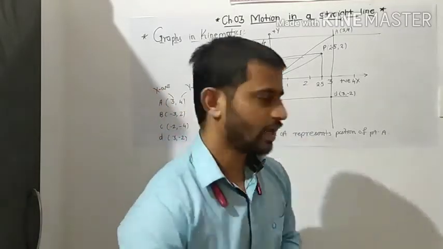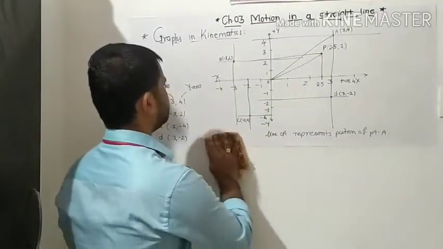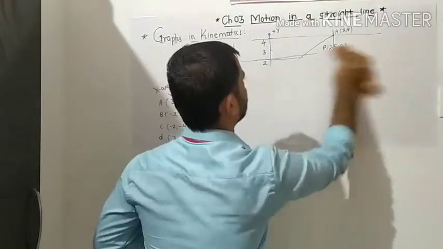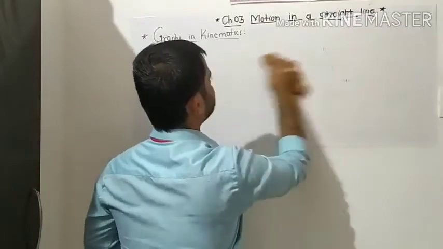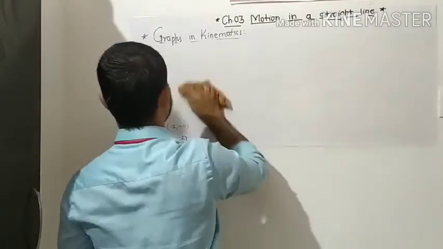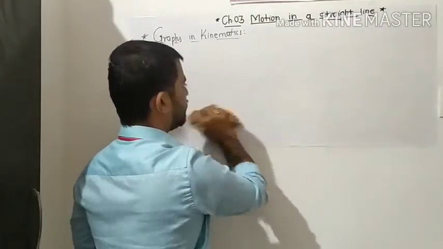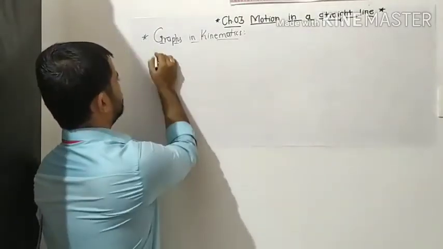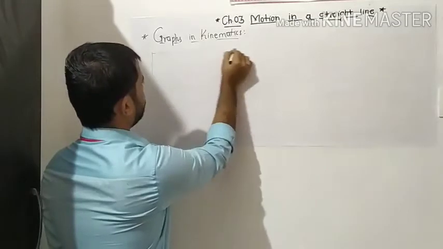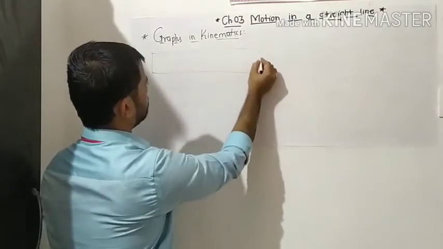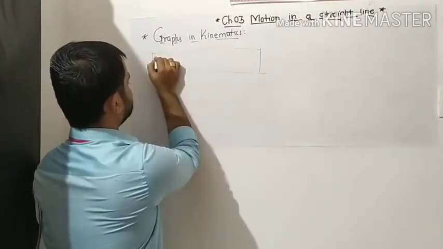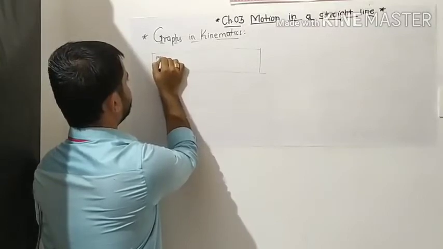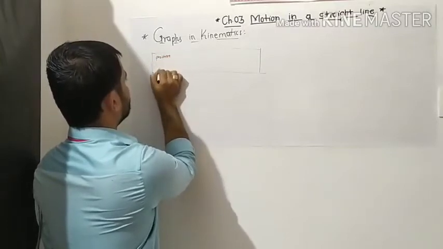Suppose we have one data of the displacement and the time. The particle is changing its position, and we have data for each 10 seconds. In a tabular form we have this data: this is the position, this is the time.